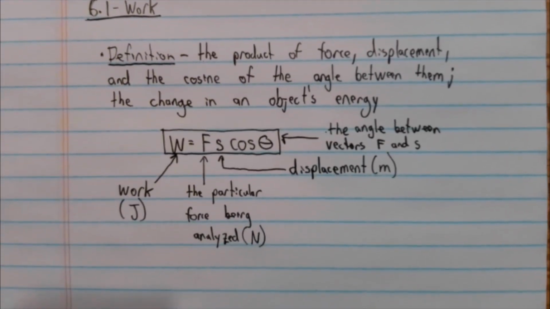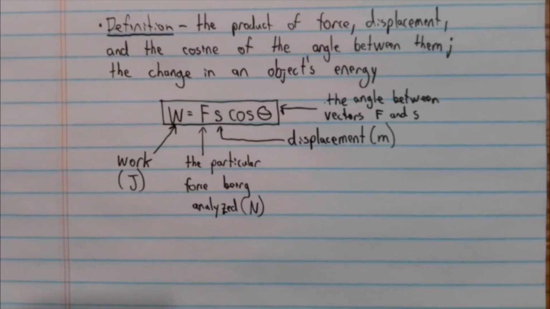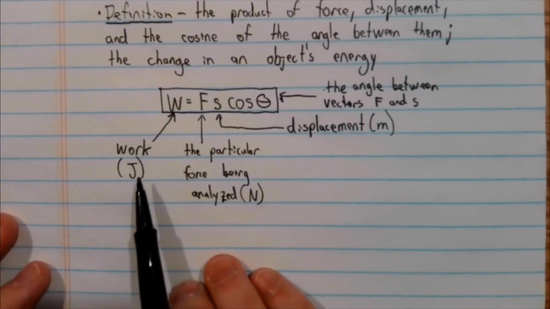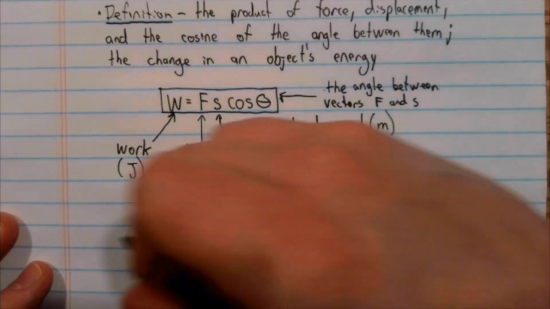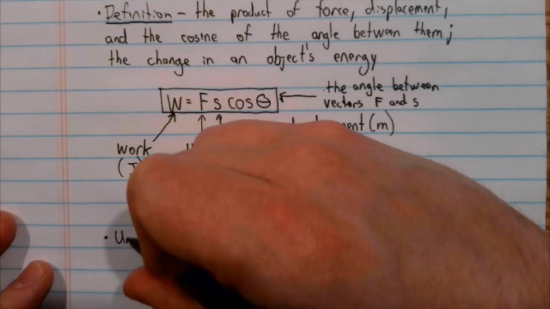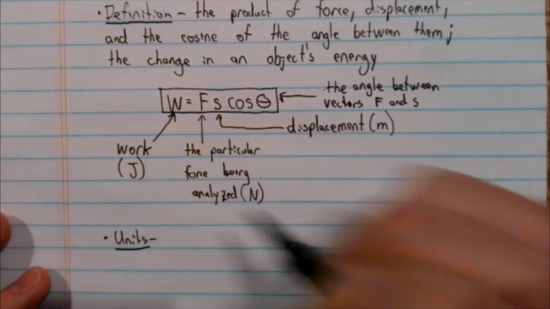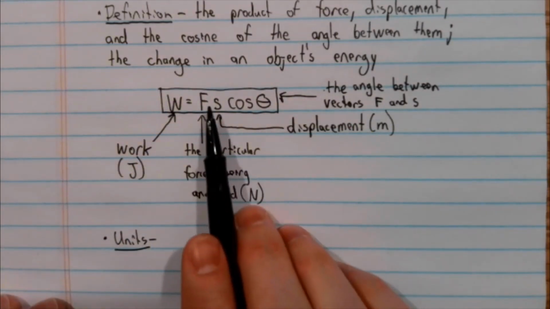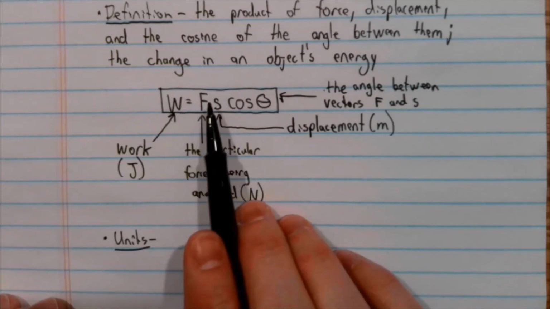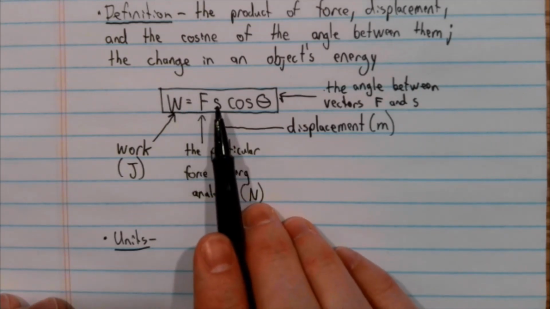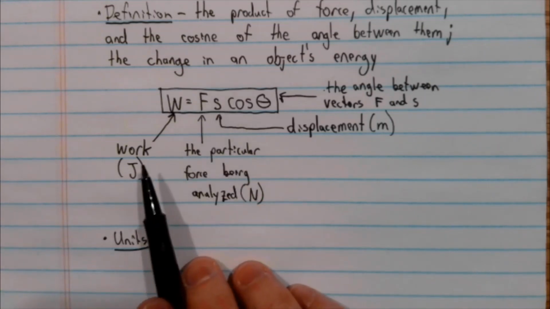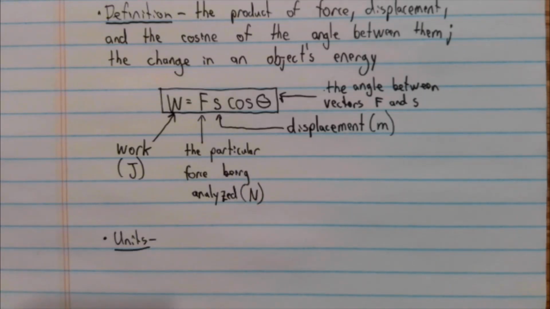One more thing to add, I'd say, is the units. What's up with this unit here, J? Well, first of all, the unit for work should be newtons times meters, which it is, but instead we use joules because it's shorter to write that.